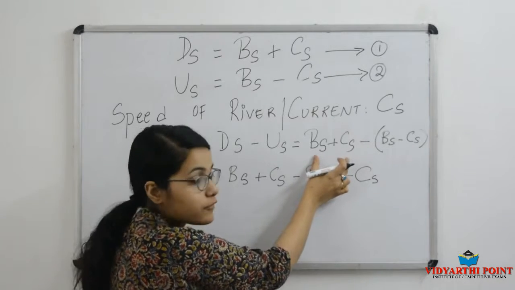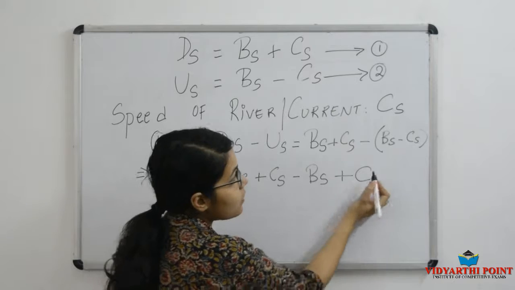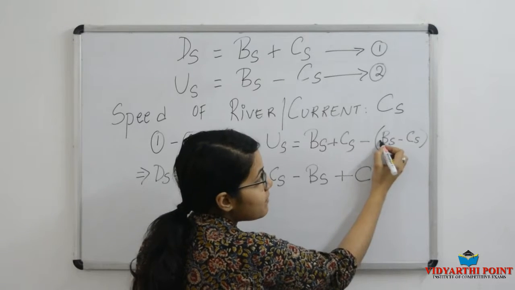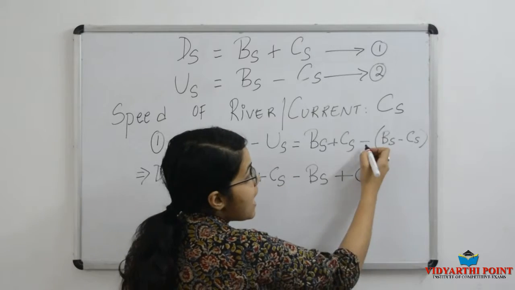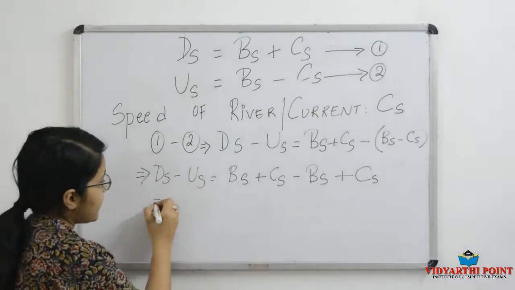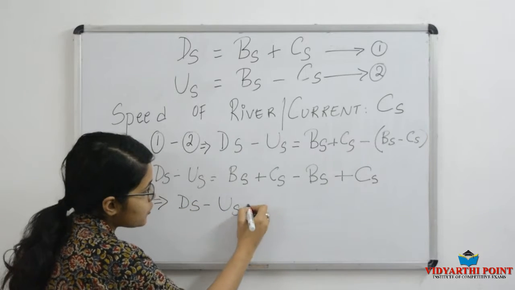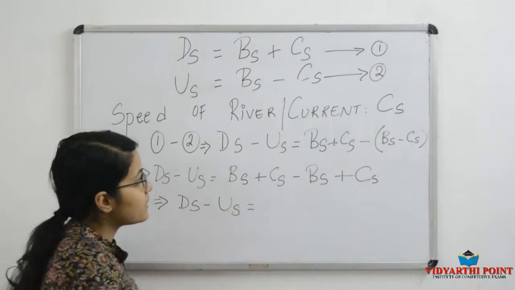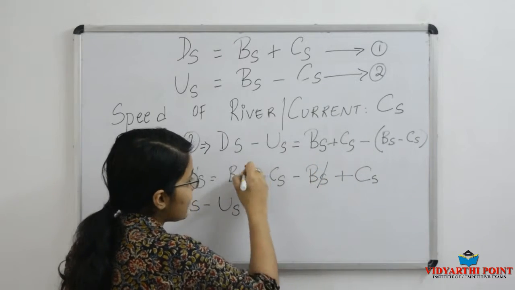Here this was the value of downstream speed. We have written it as it is. Now we know that there used to be a plus which is hidden always. Minus and plus will give us minus, and minus and minus will give us plus. Now again DS, that is downstream speed minus upstream speed, equals to, here plus BS minus BS will get cancelled.